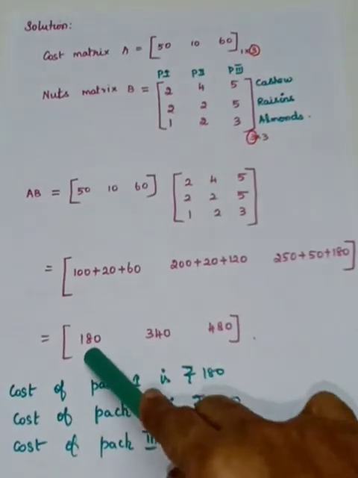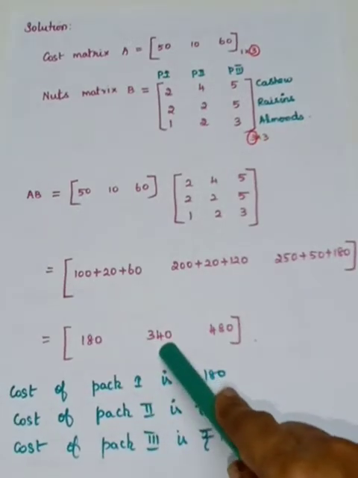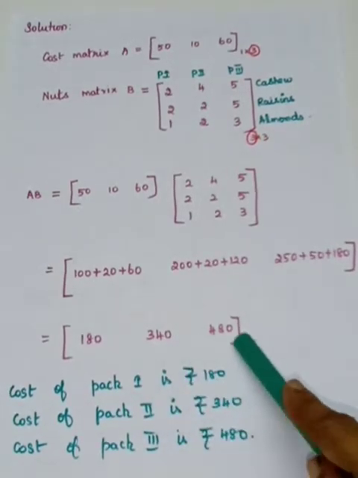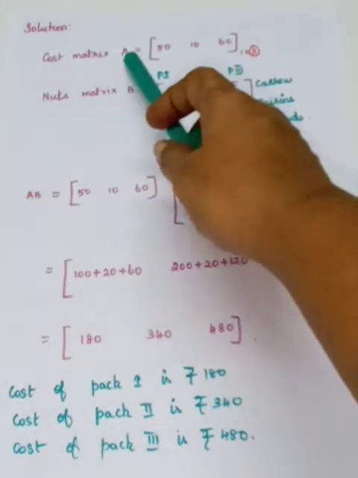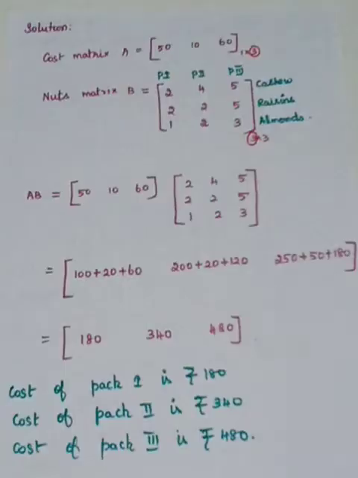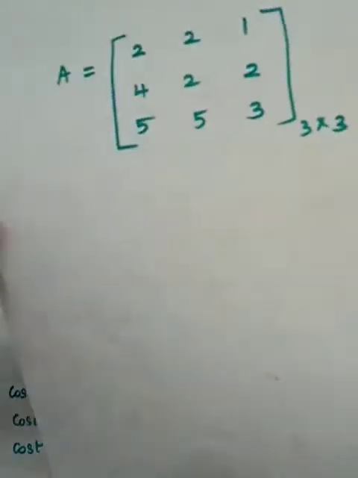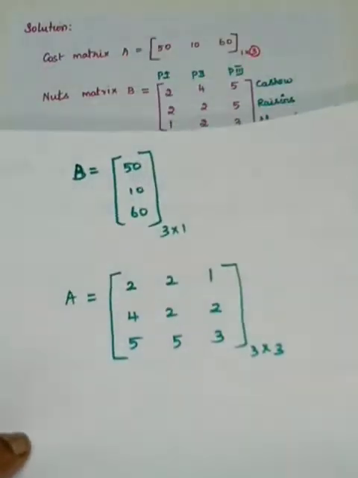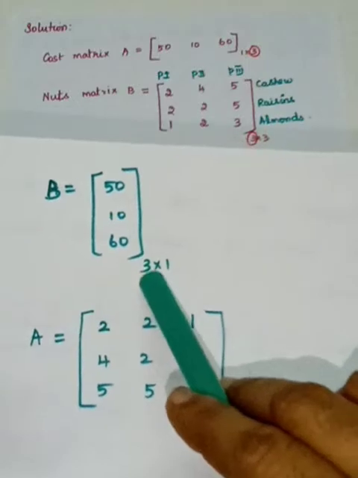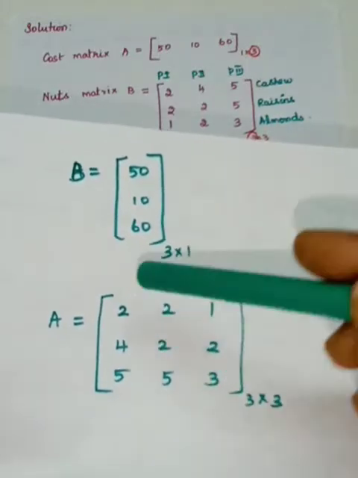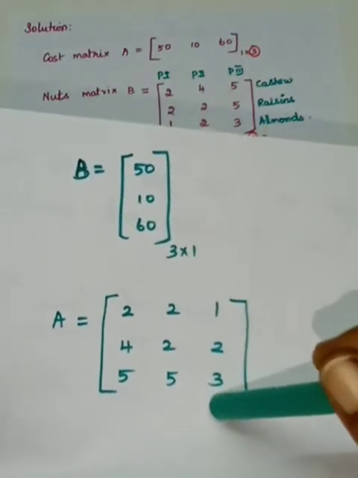This is the cost of the first pack, this is the cost of the second pack, and this is the cost of the third pack. I have taken the cost matrix A as a row matrix. If you take it as a column matrix, it is 3 rows and 1 column, so it can't be multiplied with the A matrix.